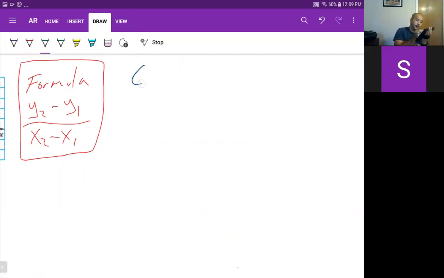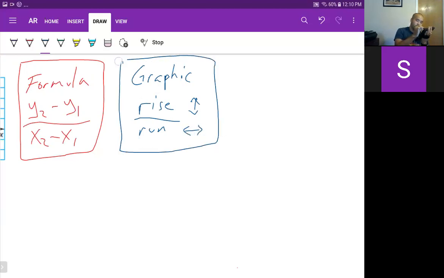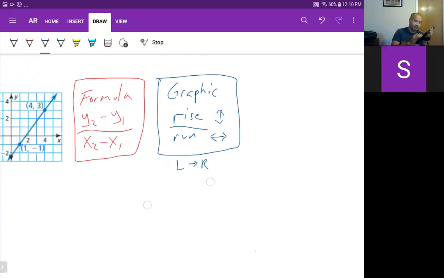Then if you do it graphically, it's rise over run. And then just remember rise is up, down, run is left, right. And when you do this, always go from left to right, because that's how we read in English. You go from left to right.